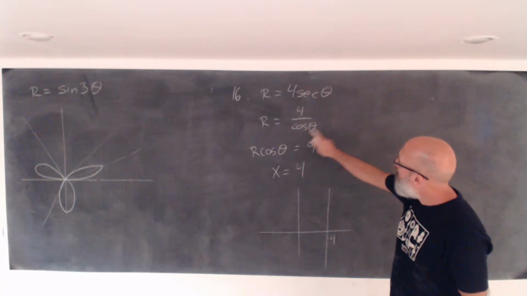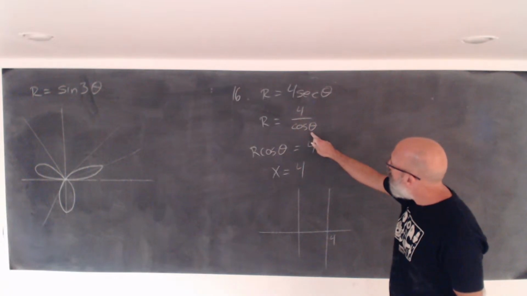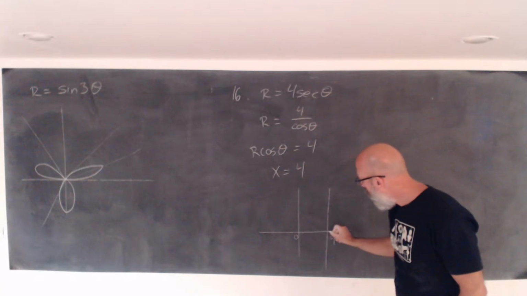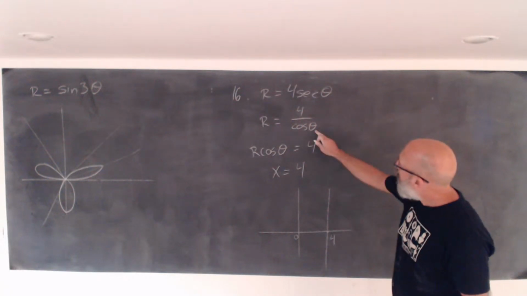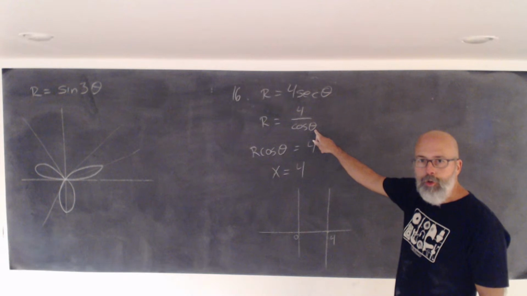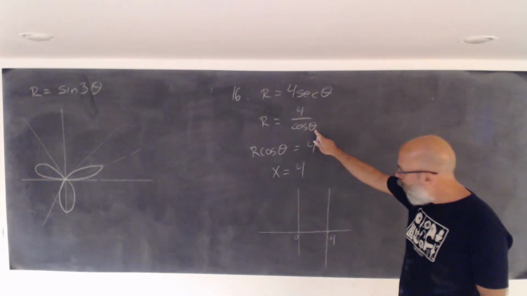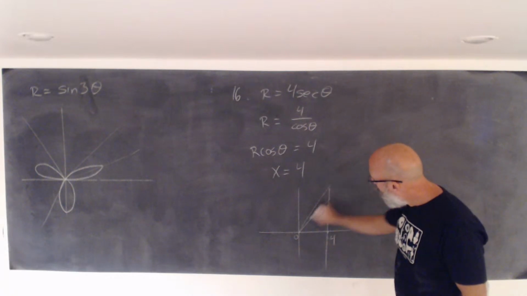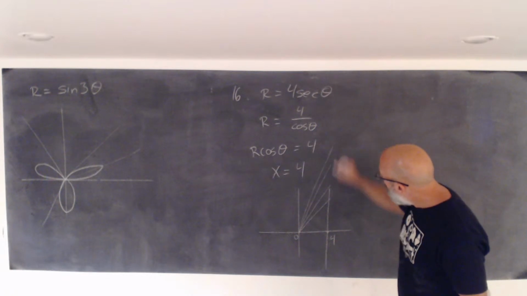Right? Think about what's happening. When theta is 0, r is a distance of 4 from the origin. And as theta increases, gets larger and larger, closer and closer to pi over 2, the distance from the origin is getting larger and larger.